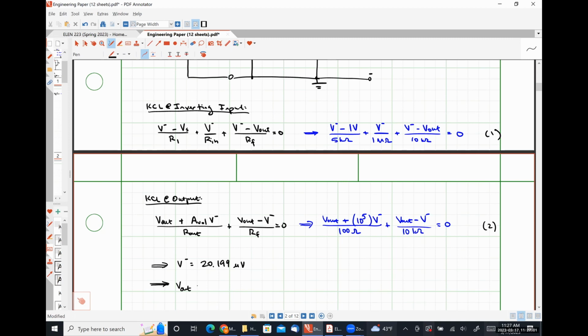And V out will be equal to negative 1.9999392 volts.